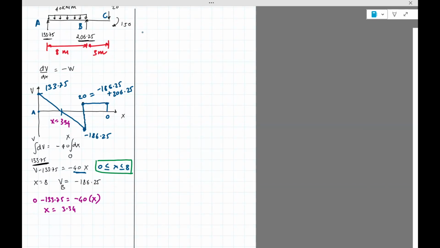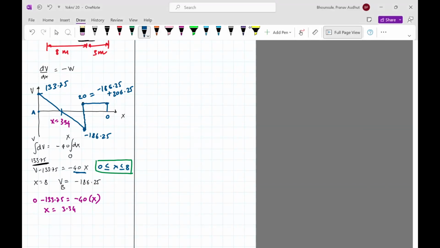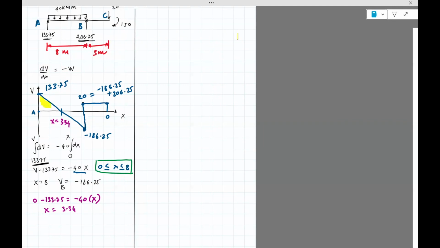So this is the shear force diagram, which we drew without drawing any free body diagram, just using this expression. It's up to you how you want to solve it. Some people find this one easy, some people find the free body diagram method easier.